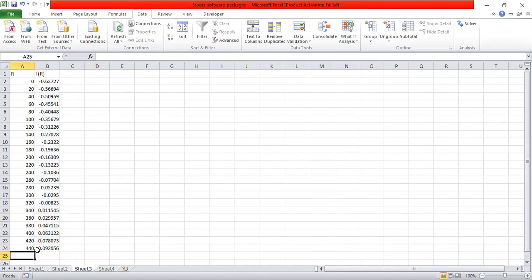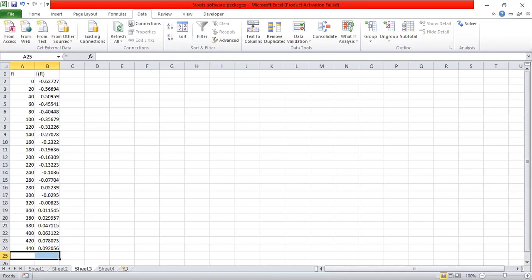Remember I was telling you that the values of R should be between 0 and 400, or 440 is also okay. If I extend it, it's giving me not a number, and that's because the square root is giving an imaginary component. So I decided I will just stop at 440.